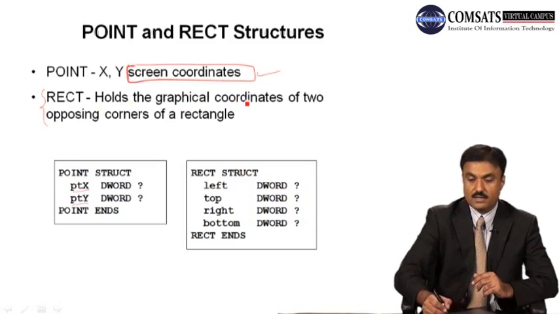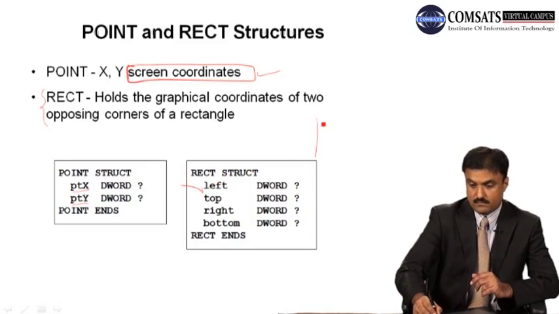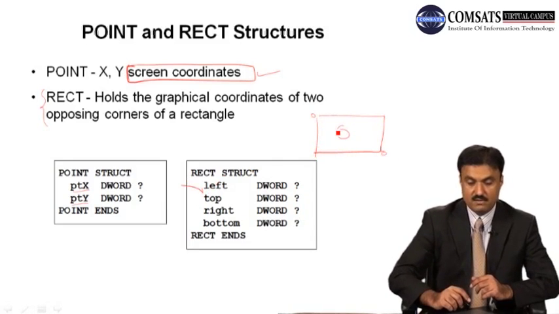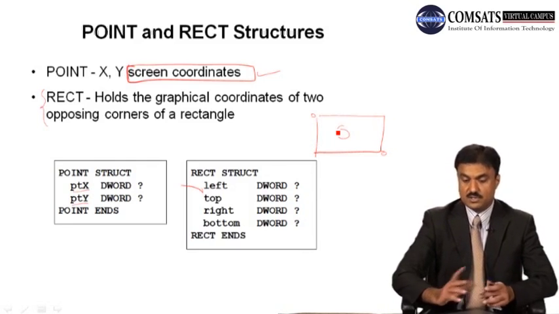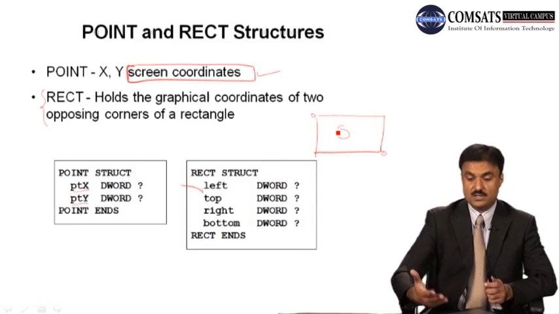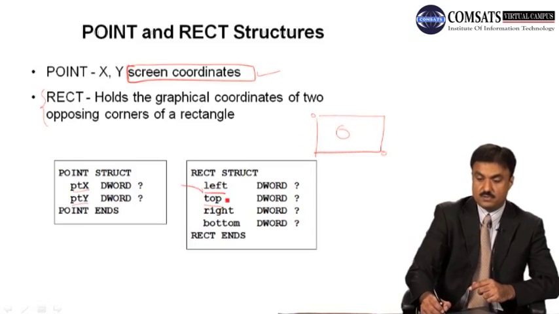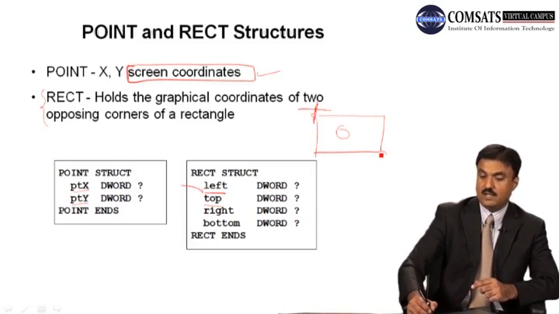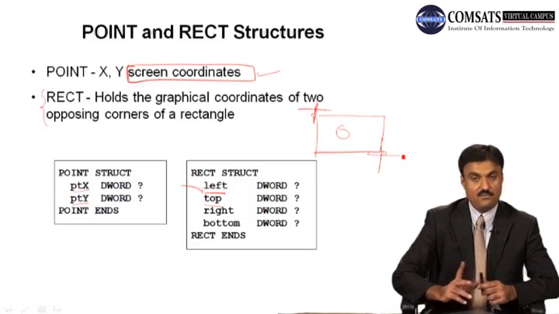This will hold the graphical coordinates of two opposing corners. So this is the left, from here to here, and the XY position can be somewhere inside. If somewhere we use the rectangle structure, just remember there are four members: left, top, right, and bottom.